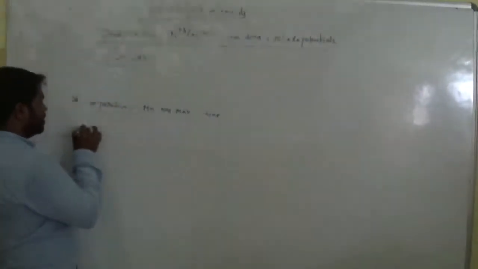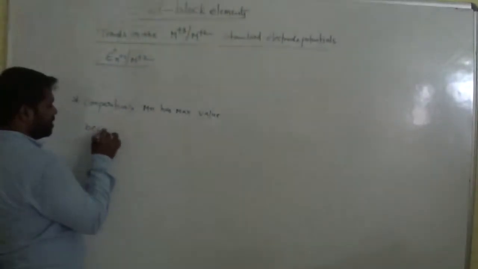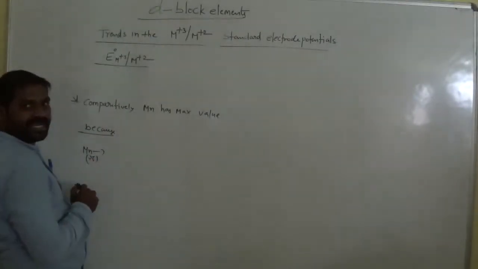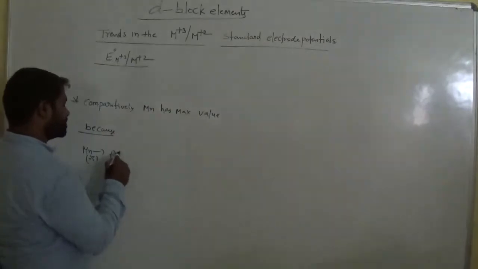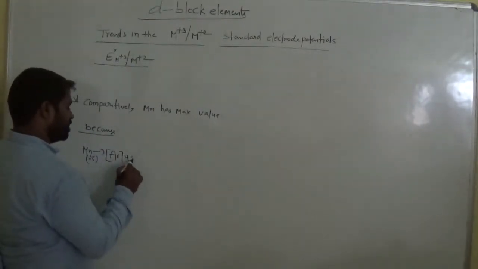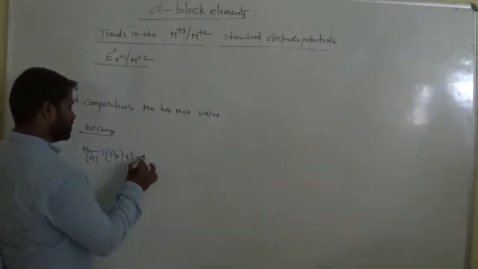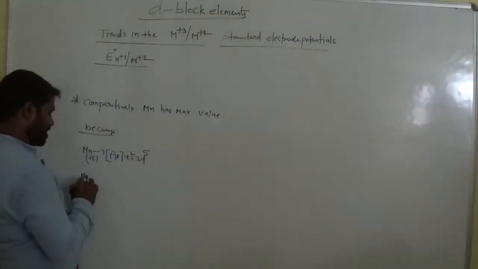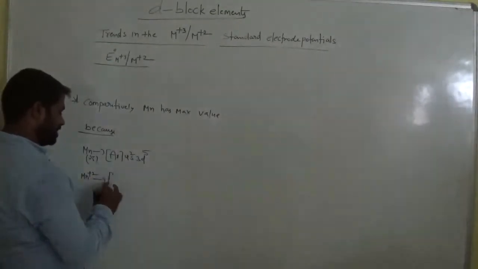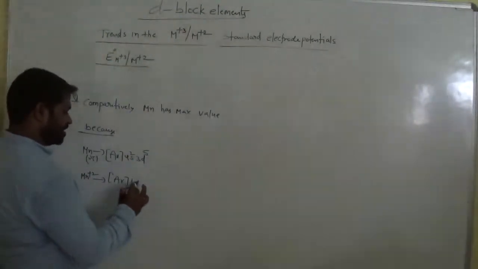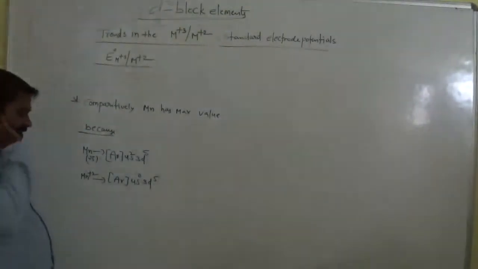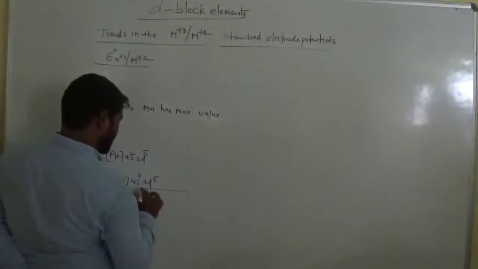Okay. Manganese, what is the atomic number? 25. Write its electronic configuration, that is argon 4s2 3d5, am I right? So Mn+2 means it loses 2 electrons from 4s, leaving 3d5.